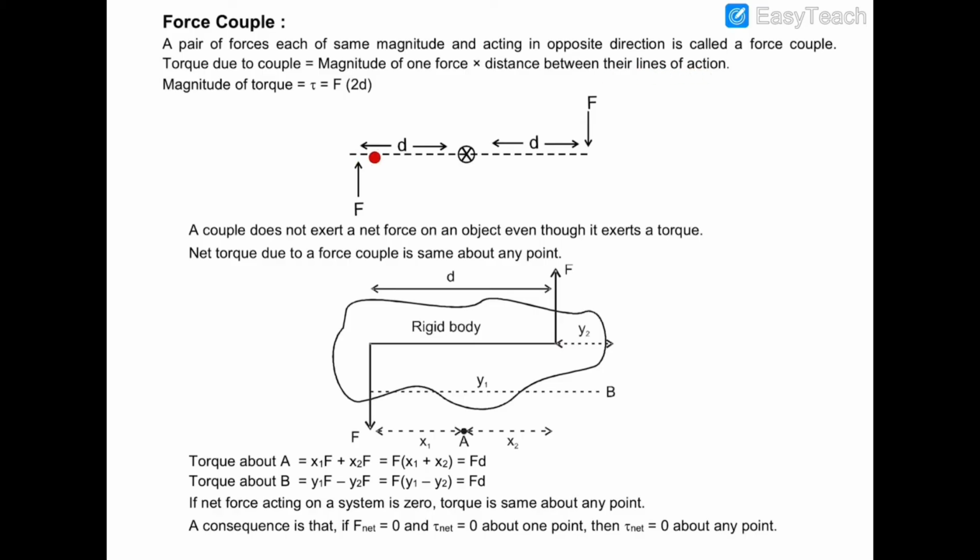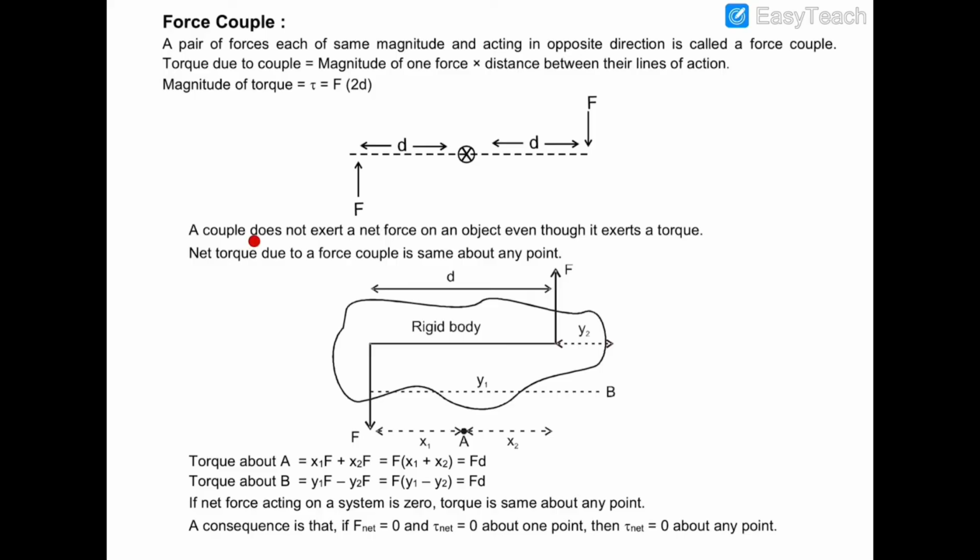You can see in this diagram that there are two forces of equal magnitude acting in opposite directions, separated by a distance of 2d from each other. So the torque on this system would be F into 2d, the magnitude of any one force multiplied by the distance between the two forces.